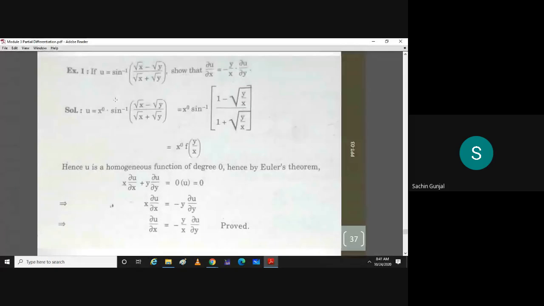Obviously, there is no mention of Euler's theorem, but this question you are going to deal with using Euler's theorem, because if you actually find the partial derivatives of u with respect to x and with respect to y, it will take time and there are chances of getting wrong answers. So the first question you need to ask is whether u is homogeneous. Is u homogeneous?